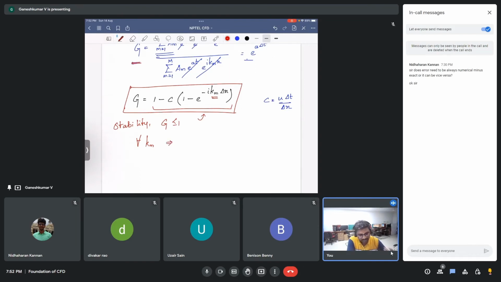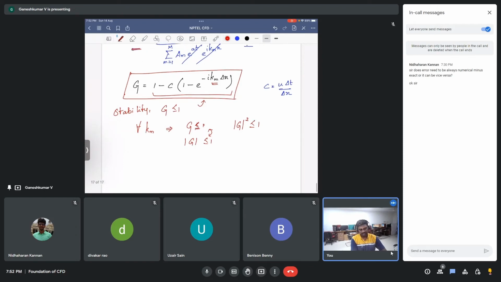For all k_m, you want g to be less than or equal to 1. This can also be written as modulus of g squared less than or equal to 1. Both are the same, and I'm just squaring it so that it is easy for us to analyze this equation.